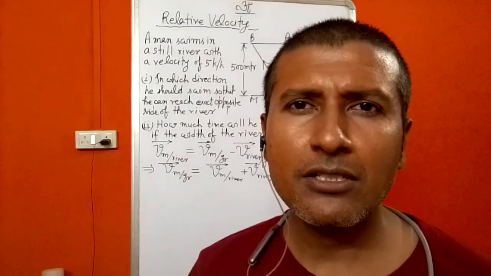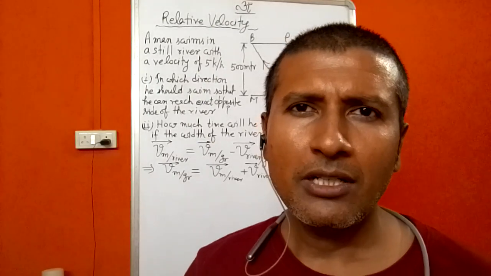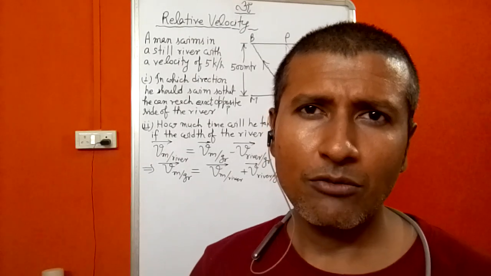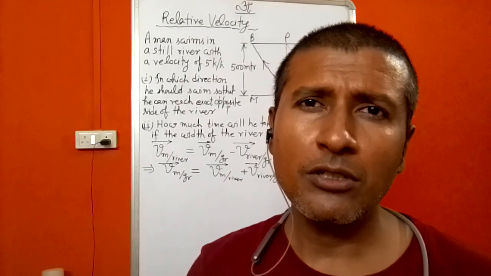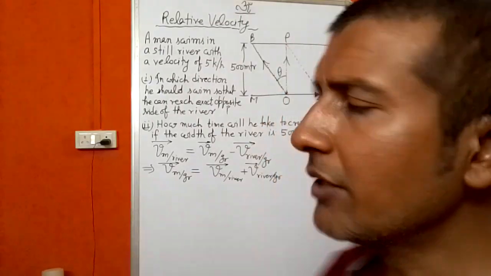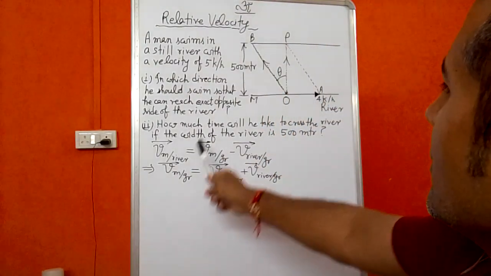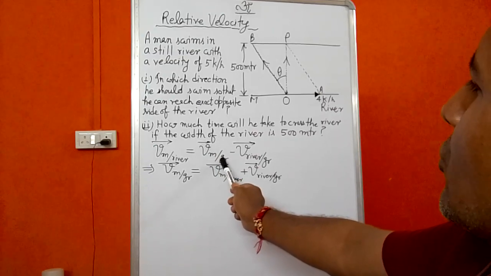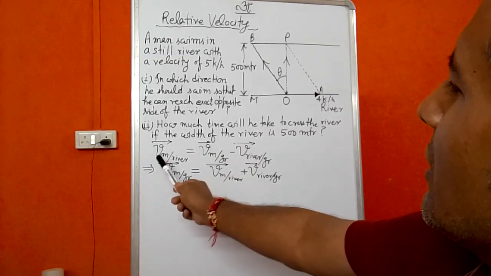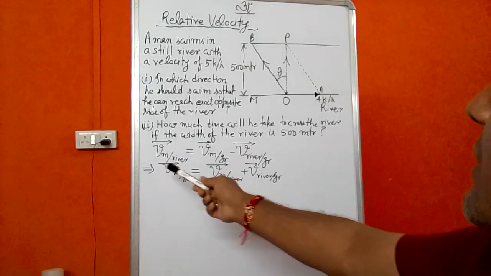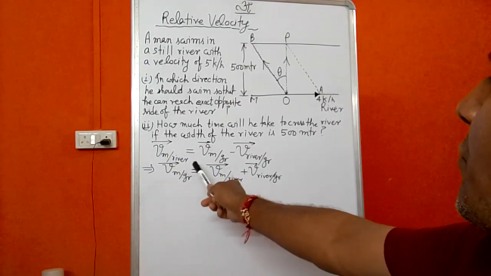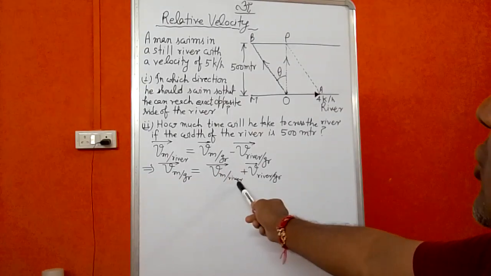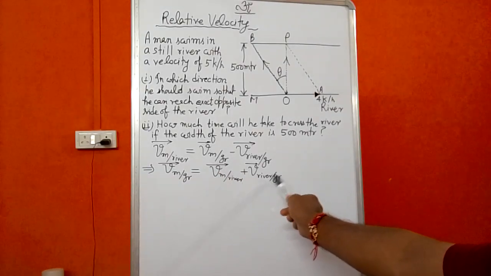As we have discussed in the concept of relative motion, we need to choose that body which is not moving with respect to the others. Is the point clear? So if we want velocity of man with respect to ground, we have to bring this side to the left side of the equality. So velocity of man with respect to ground is equal to velocity of man with respect to river plus velocity of river with respect to ground.